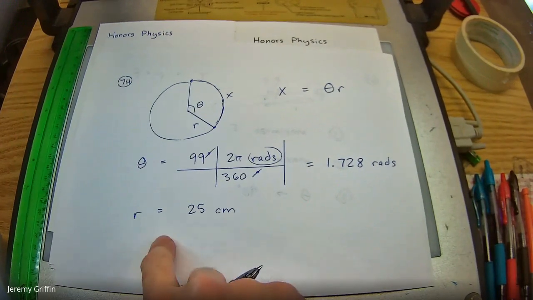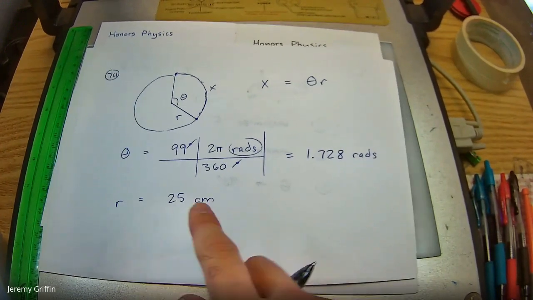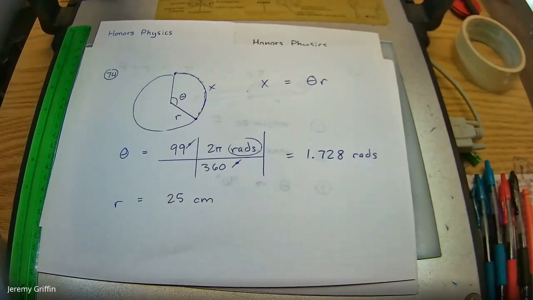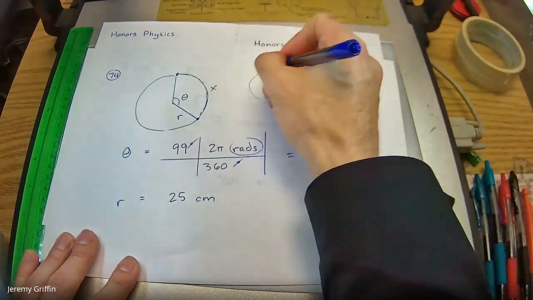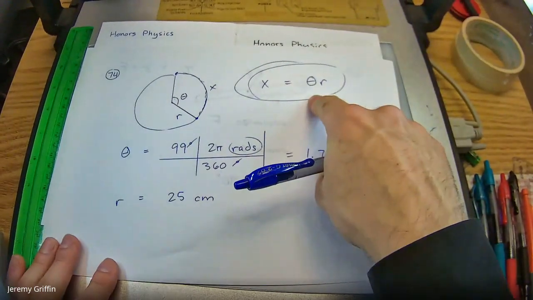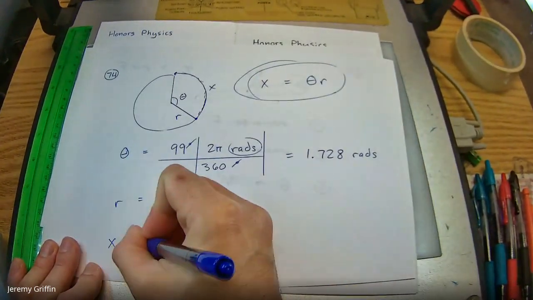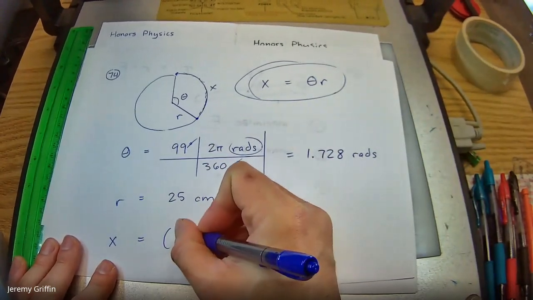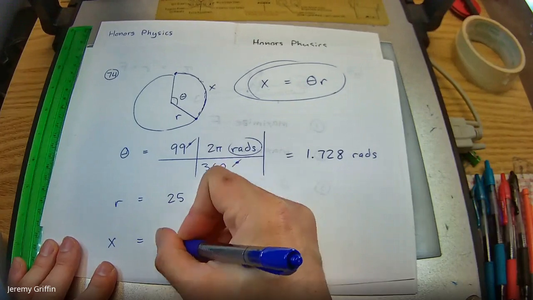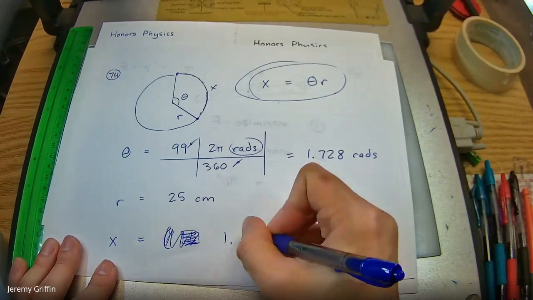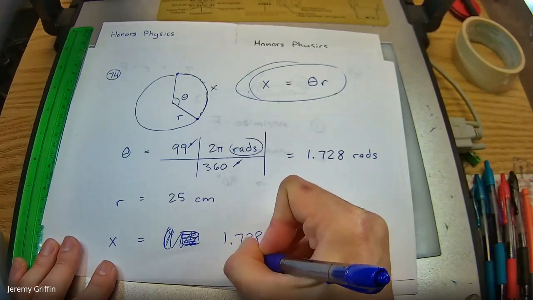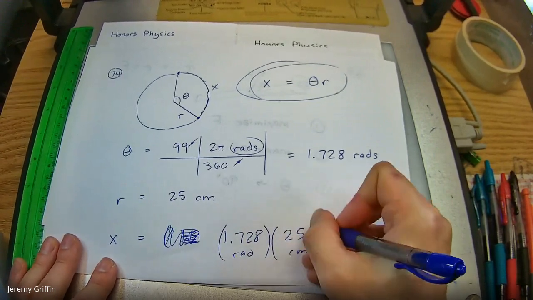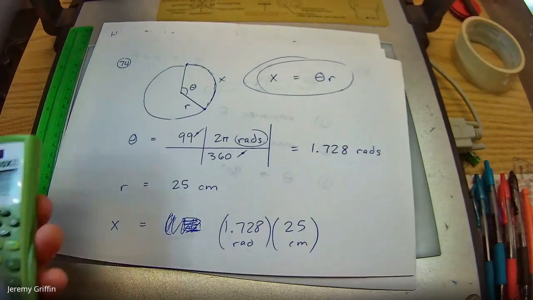Also, I've got this radial size, so many centimeters. I changed the numbers from the book, so they're a little bit different. But, oh, hey, now we can bring in this guy right here. So how far does something move? X is equal to theta times r. The theta's in radians, 1.728 radians, times so many centimeters.